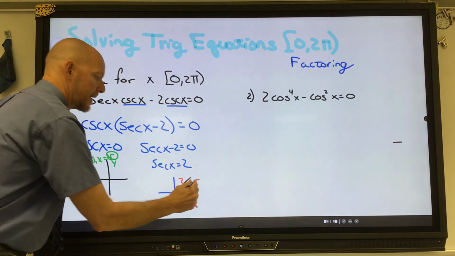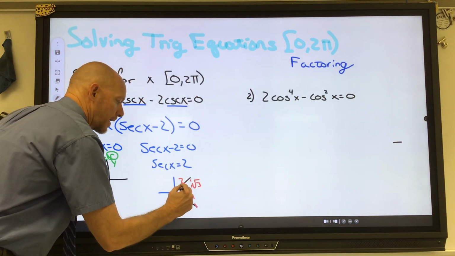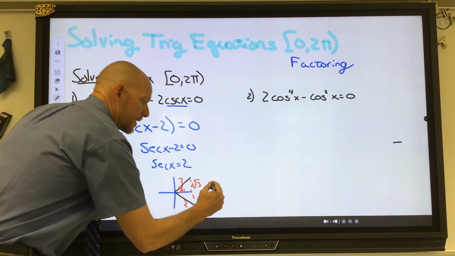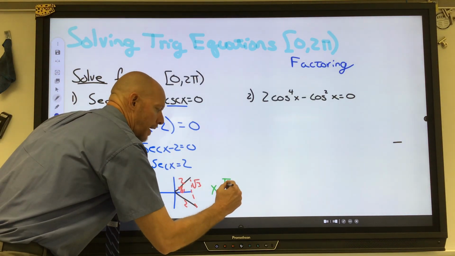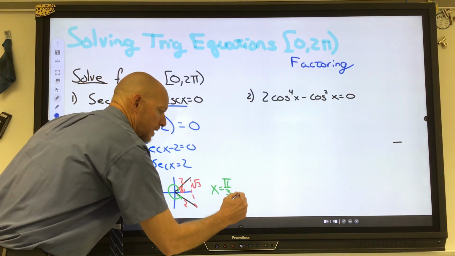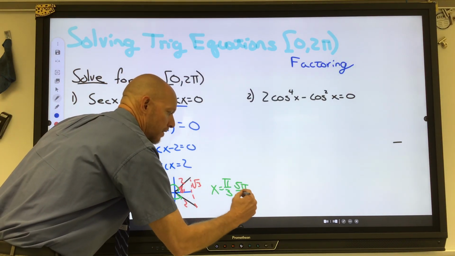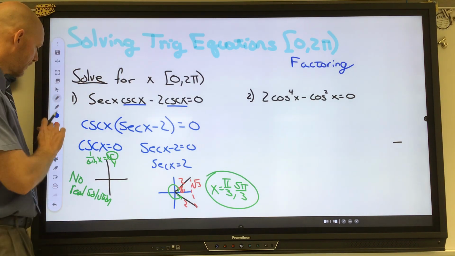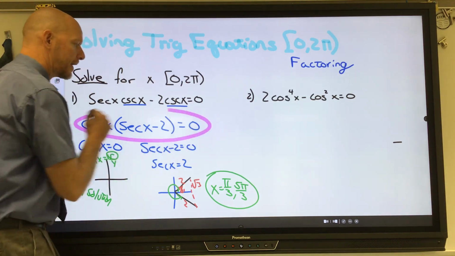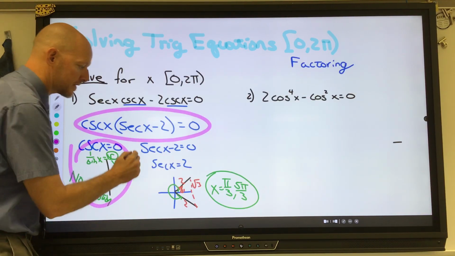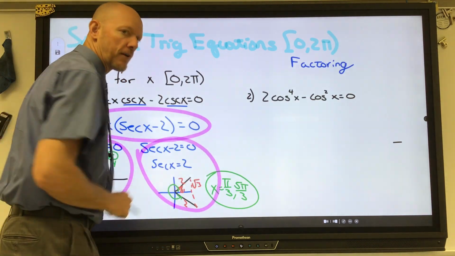That tells me I'm using pi over 3, and x is not only pi over 3 but also this angle here, which is 5 pi over 3. A lot is going on in this problem, but the very first thing is we had to factor it, and then from the factoring, we set up our two different scenarios to come up with our final solution.